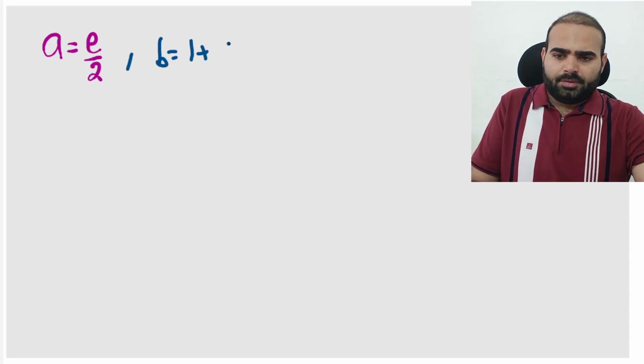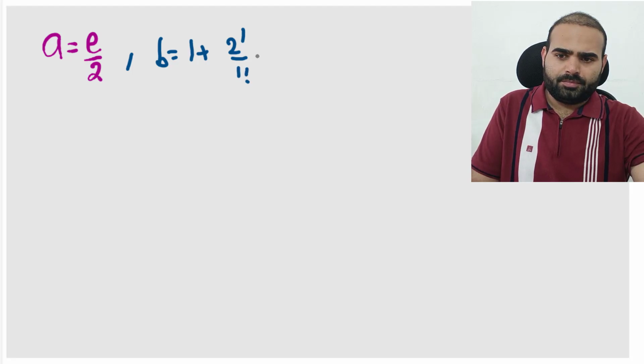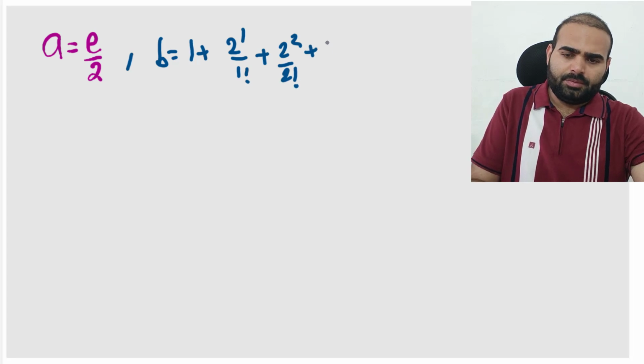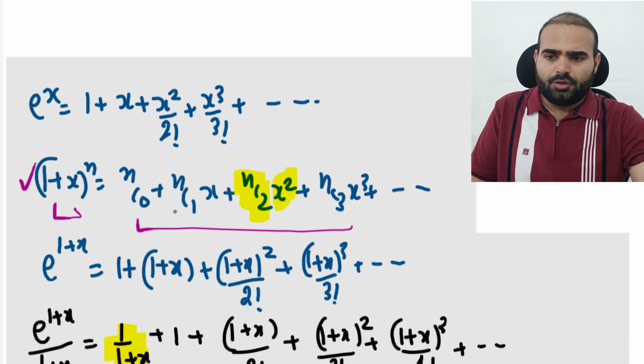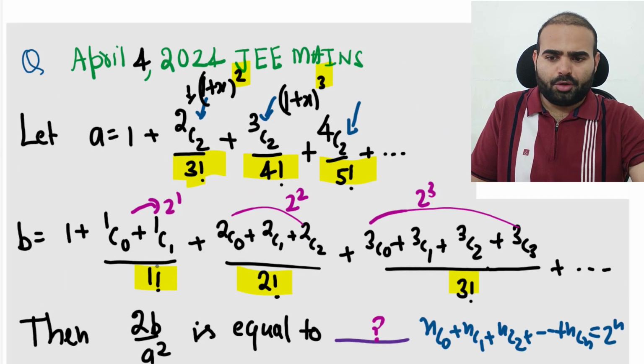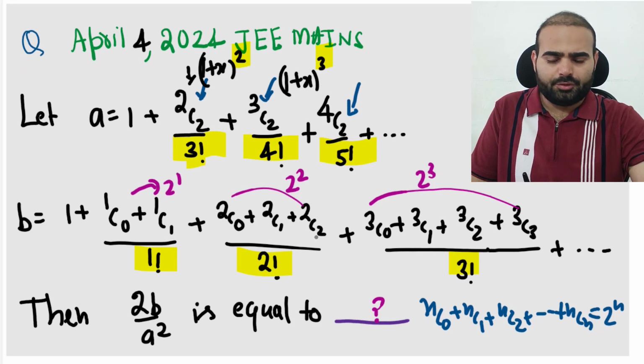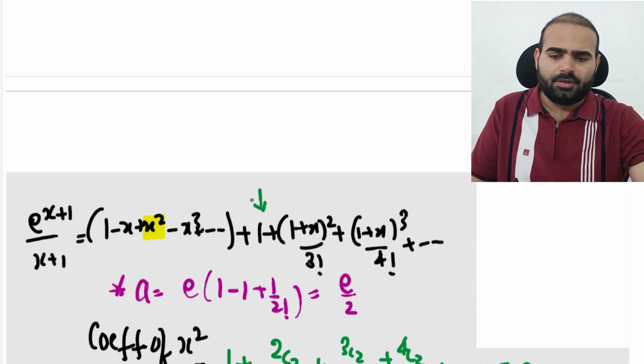So 1 plus 2 power 1 upon 1 factorial plus 2 power 2 upon 2 factorial plus 2 power 3 upon 3 factorial. Let me show you the same thing there also. So you can notice the value of b, 2 power 1 upon 1 factorial, 2 power 2 upon 2 factorial, 2 power 3 upon 3 factorial, is the same, right?